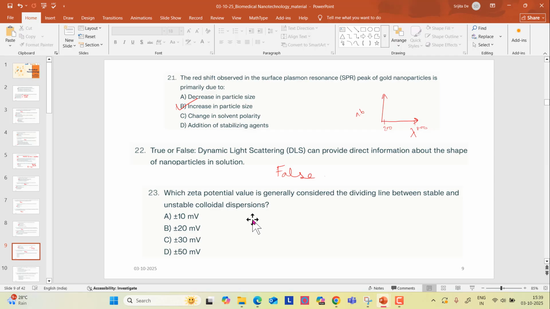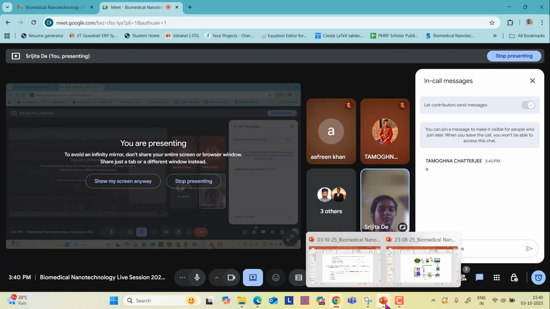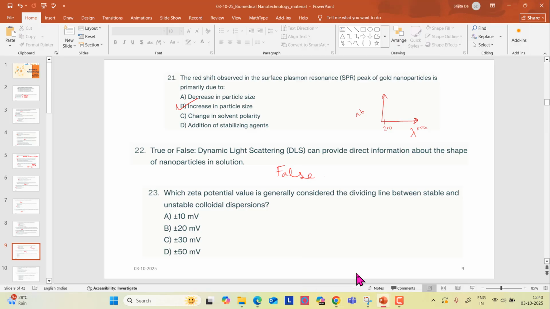So which zeta potential value is generally considered the dividing line between stable and unstable colloidal dispersion? It is plus minus 30 millivolt.